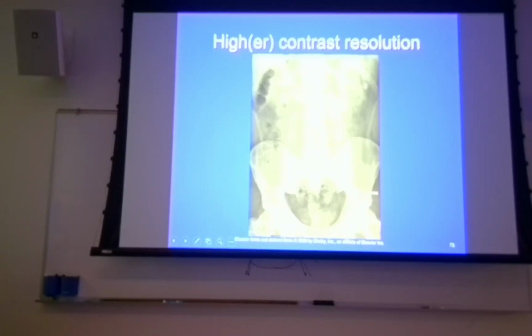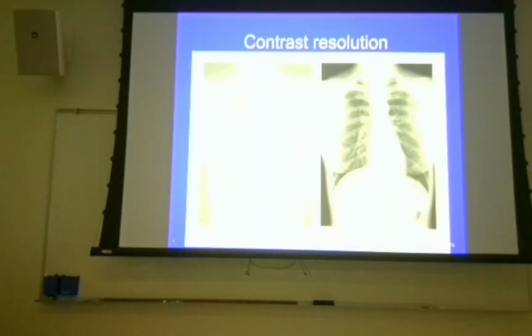This is a higher contrast one. Now we can see that kidney, we can see a portion of this kidney, psoas muscles, very much a higher contrast image. Low contrast looks milky. High contrast, much more black and white. We have a tendency to focus on chest x-ray and say we want to see a chest x-ray with low contrast.